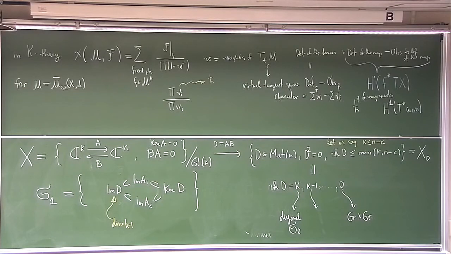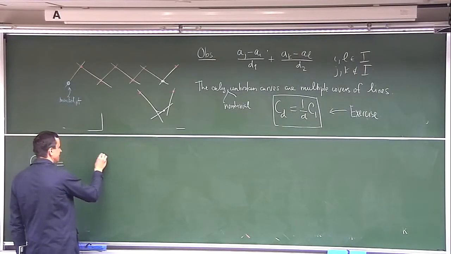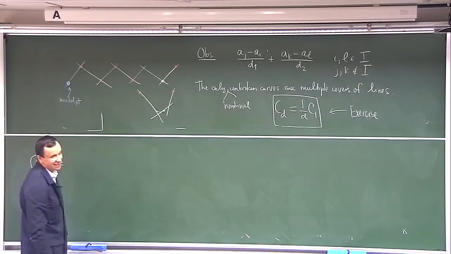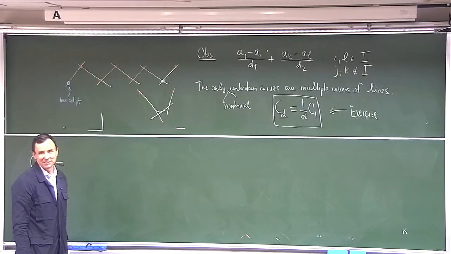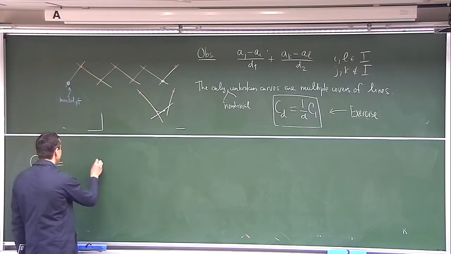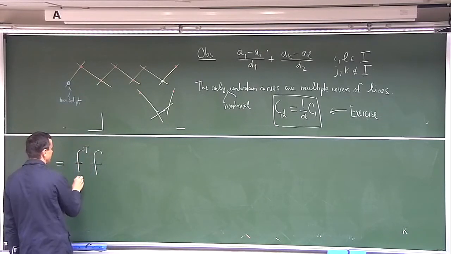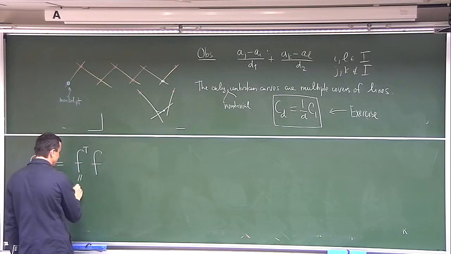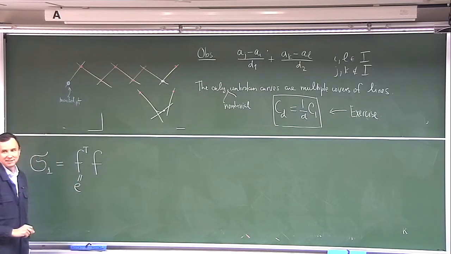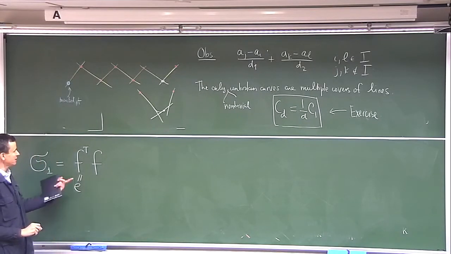So sigma 1 is really a product of some other correspondence, which has to do with SL2. I'll denote it by F, and a transpose correspondence, which is denoted by E. So what is correspondence F?